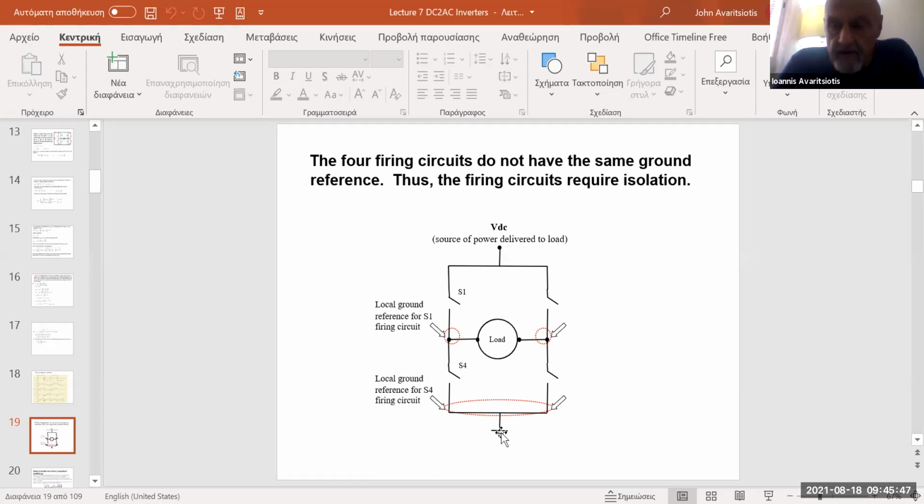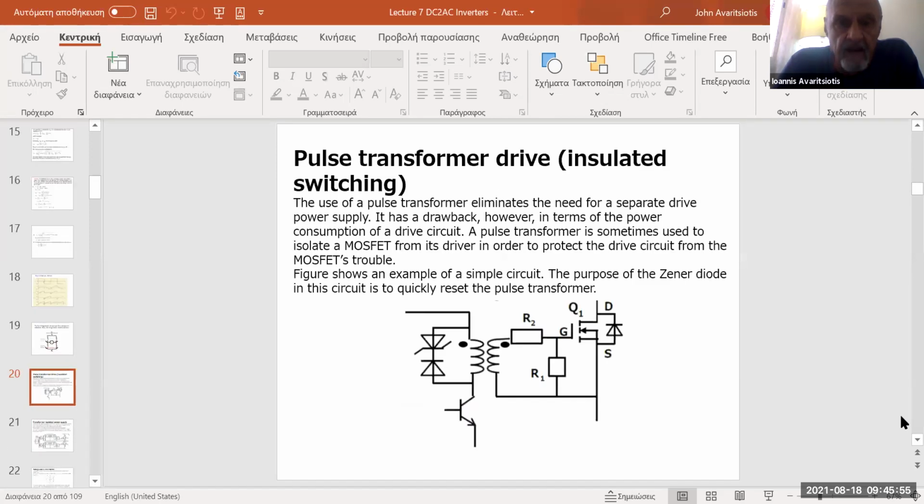The same principle can be applied here for the switches which are on the upper half of the bridge inverter. And just to remind you, we use a so-called pulse transformer drive, which provides us with insulated switching.